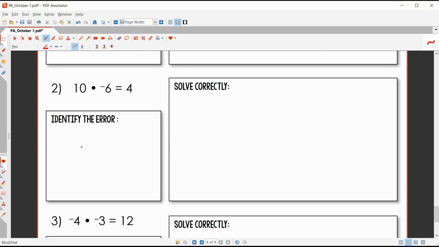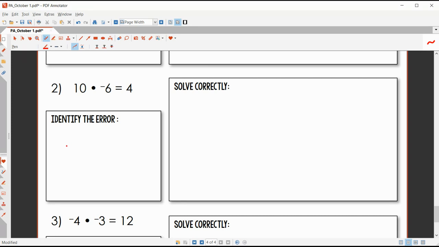Positive 10 times a negative 6 equals 4. Well, that's incorrect. So positive 10 times a negative 6 should be a negative number, but it looks like they added instead of subtracting. So 10 times negative 6 is negative 60.